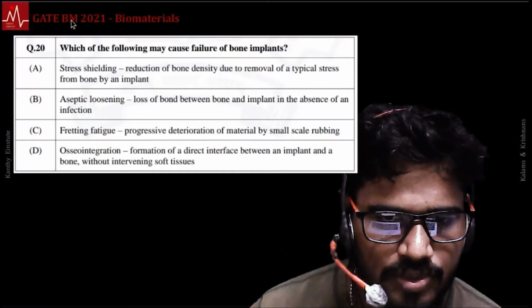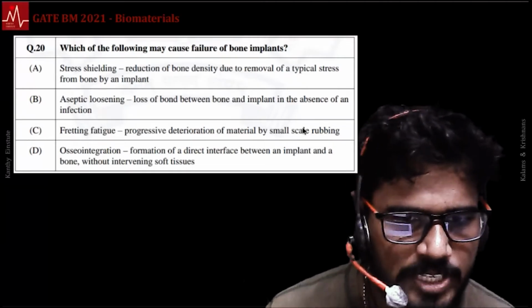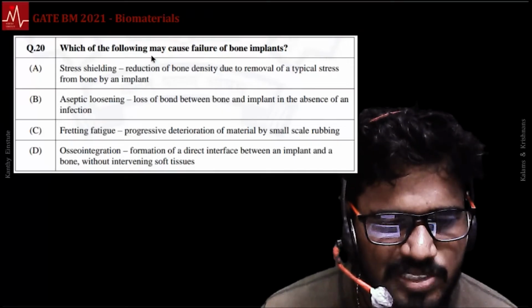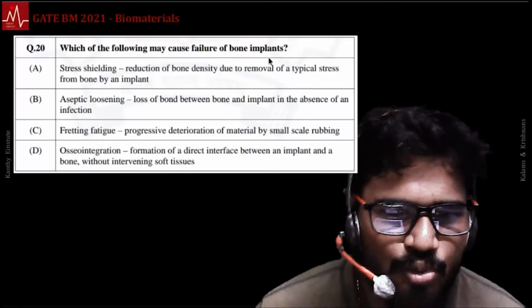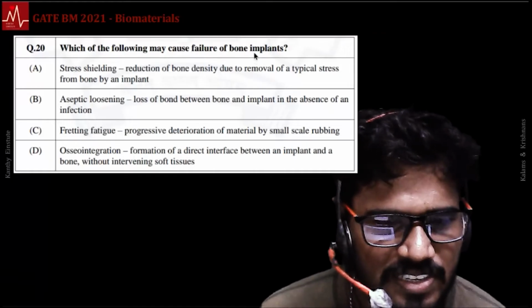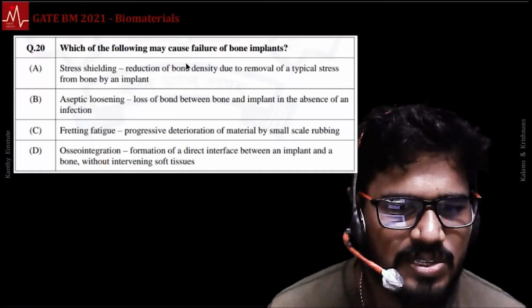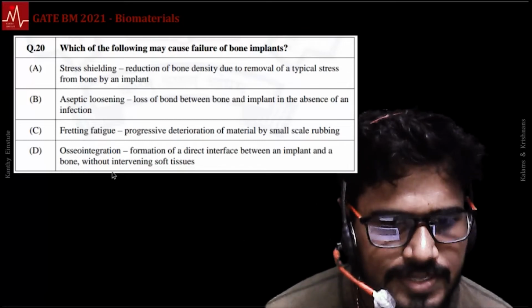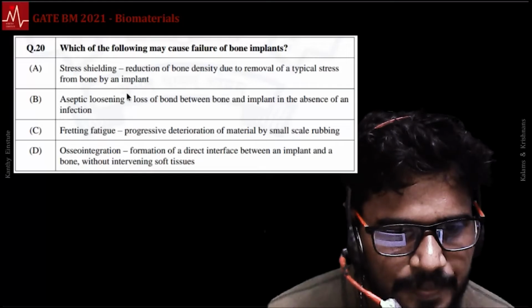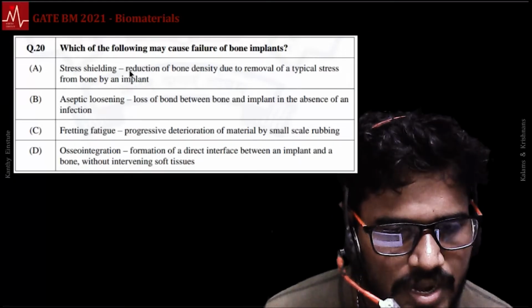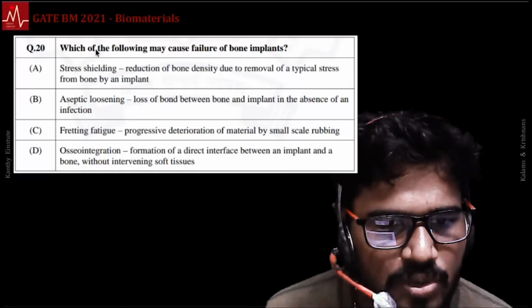Now, a couple of application-specific or domain-specific questions. If you put in a bone implant, which of the following may cause failure of bone implants? They are talking about biocompatibility, bioactivity, and things like that, right? For bone implants, there are some typical failure modes that you're trying to address by designing the implant. What is given here is a term and a description of the term.